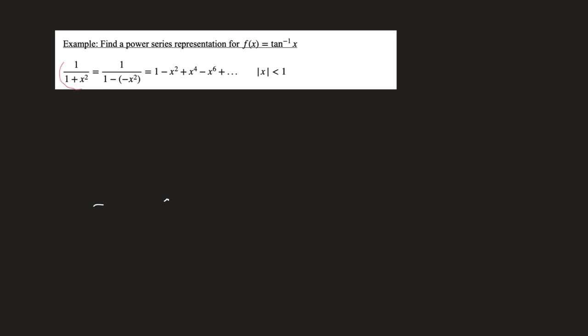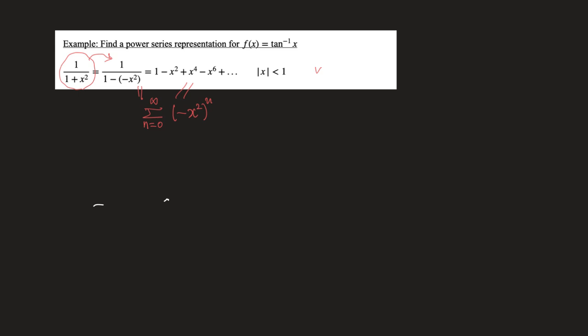We know the power series for 1 over 1 plus x squared. Rewrite it as 1 over 1 minus negative x squared. Then we plug in summation n equals 0 to infinity of negative x squared to the n. That's the power series for 1 over 1 plus x squared.